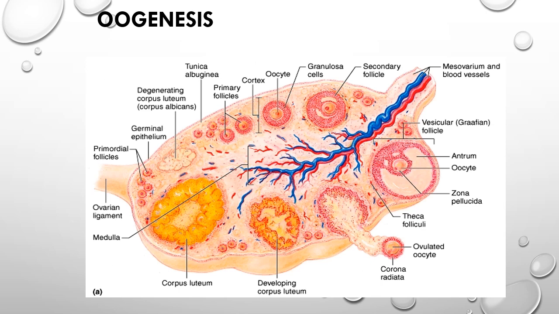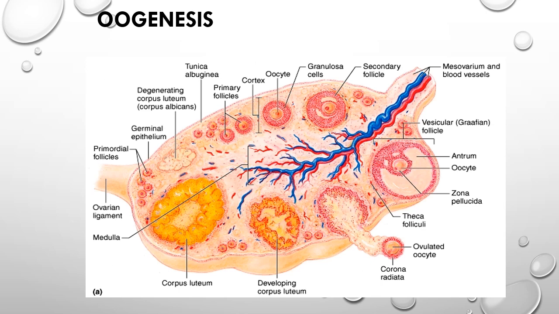In the ovary, you can see different structures: primary oocyte, secondary oocyte, primary follicles, secondary follicles. And the most important structure inside the ovary is the Graafian follicle. The ovary is differentiated into outer cortex and inner medulla. Inside it, there is a structure called the Graafian follicle.